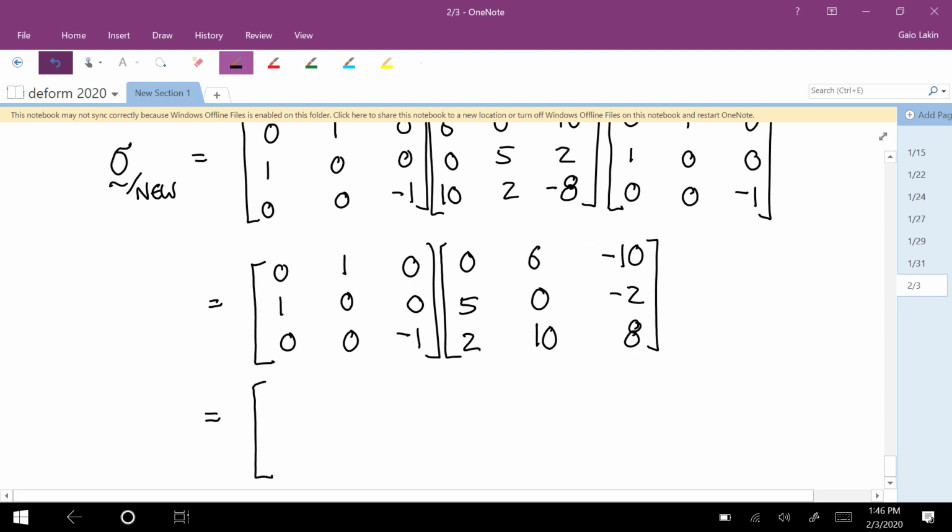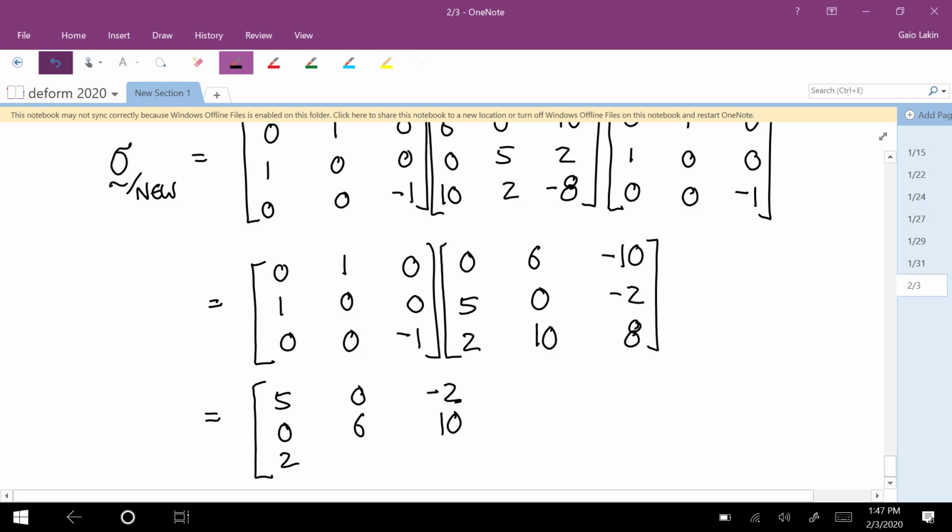And then multiply these out, and you get 5, 0, negative 2, 0, 6, 10, 2. Oh, something went wrong there. Yeah, this has to be symmetric because this is our stress tensor now in the new coordinate system.